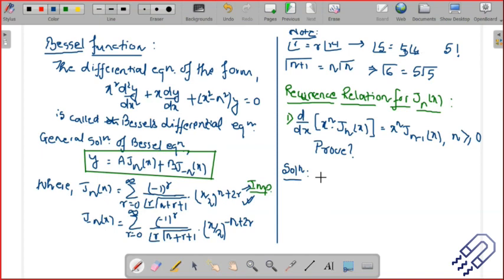It's very difficult. So I have to write down d/dx of x to the power n J n of x. So obviously I'll start from what is my J n.